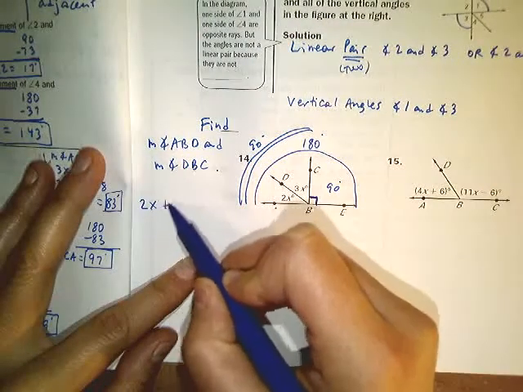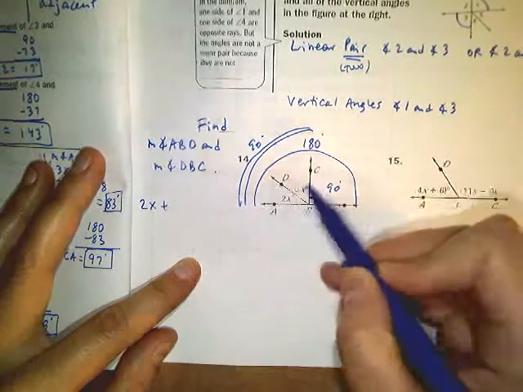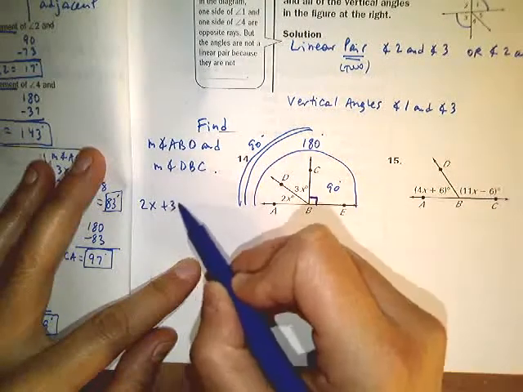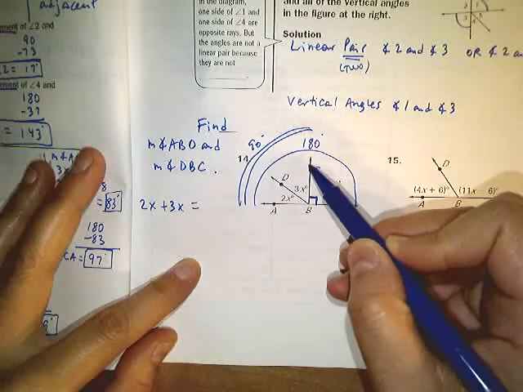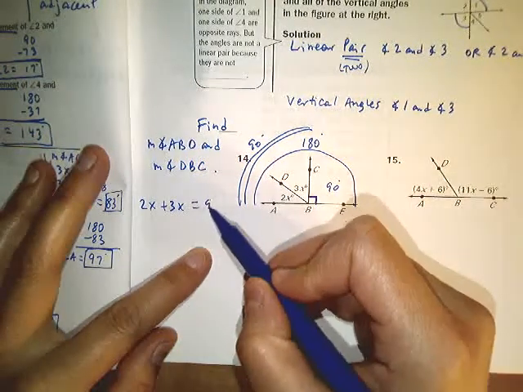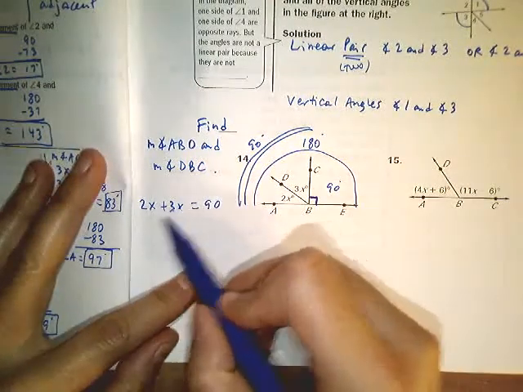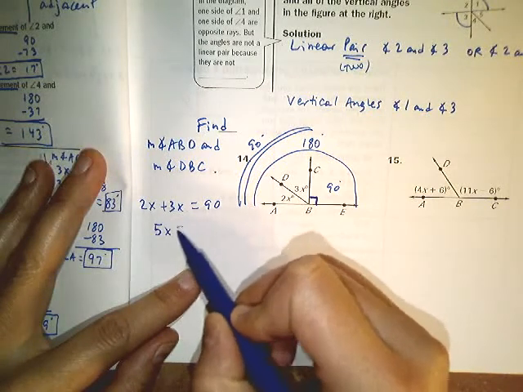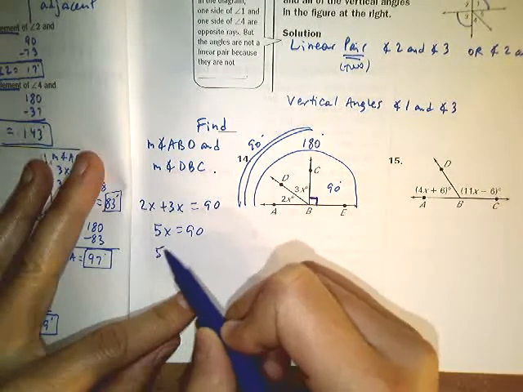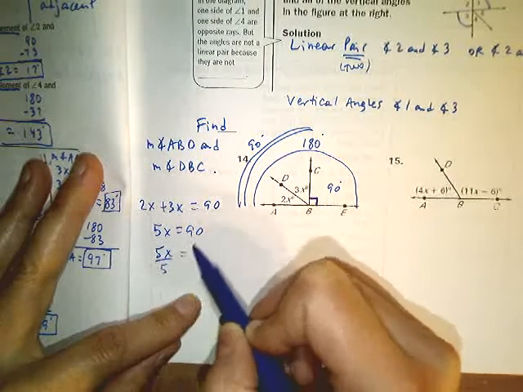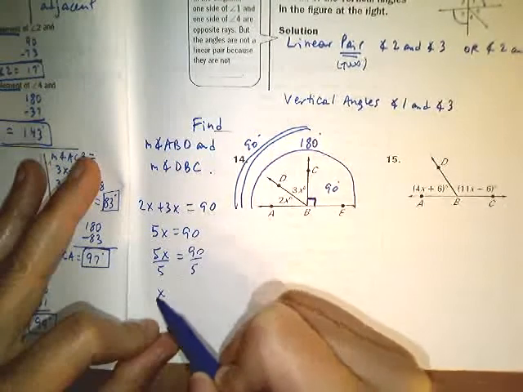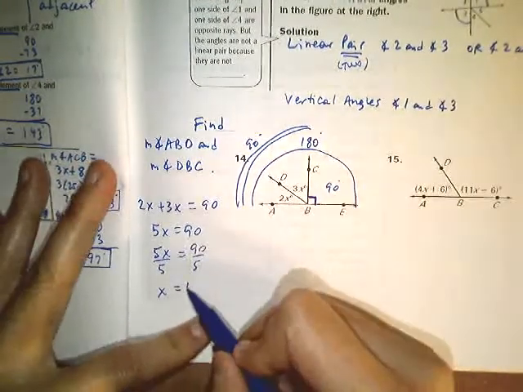I know that adding that angle down here plus this angle right here gives me a total amount of rotation of 90 degrees. So I can add these 2 like terms together and divide by 5 on both sides, solving for x to be 18.